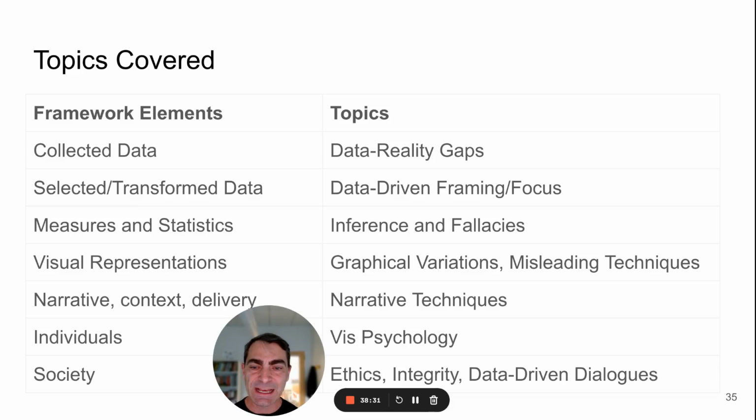And finally, at the group and societal level, we would definitely want to cover ethical concerns. We want to cover integrity. And similarly to what I was saying before, how do we enable what I call data-driven dialogues? So how do we create really good dialogues around data, and hopefully communicate with people that have a different argument from ours, and do it in a respectful manner?